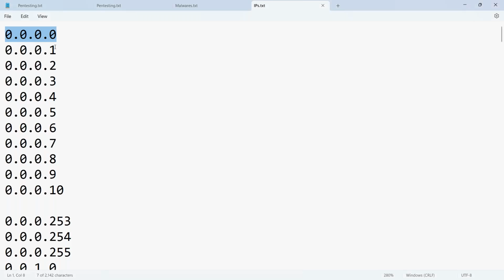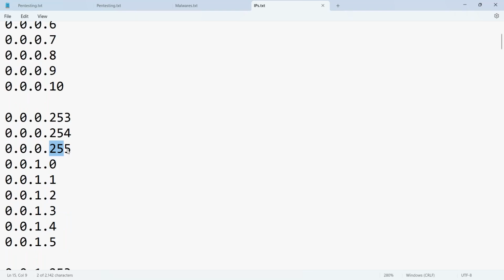So the rightmost number here, the last octet, will increment by 1. So after 0.0.0.0, you have 0.0.0.1, then 2, then 3, then 4, then 5. As such, it will keep on going until the value 255. Now please note, as mentioned earlier, after 255, you cannot have a value like 0.0.0.236. This is not possible. It's a wrong IP.